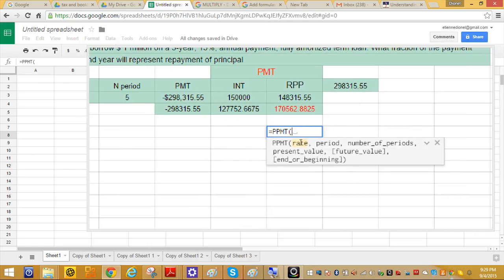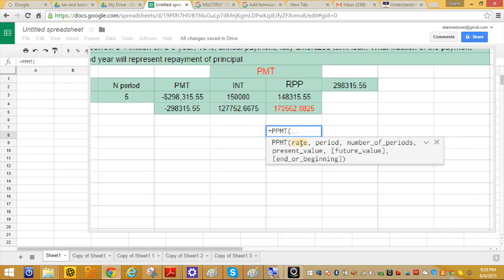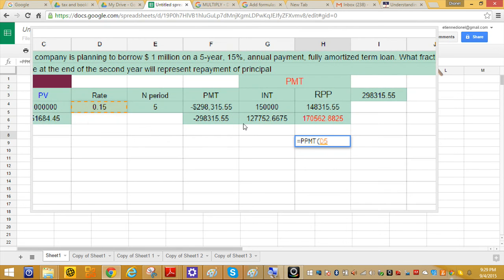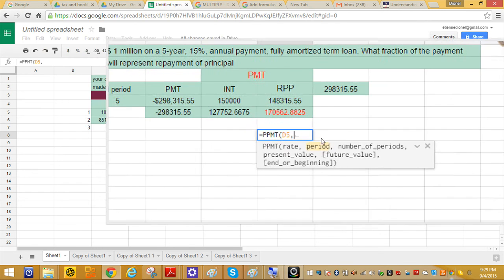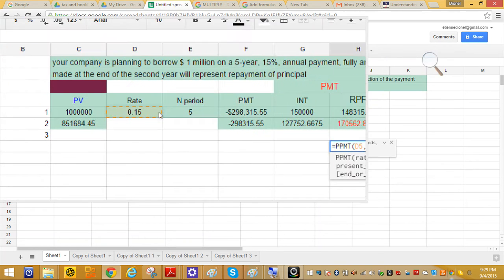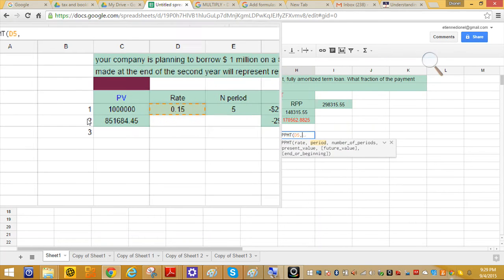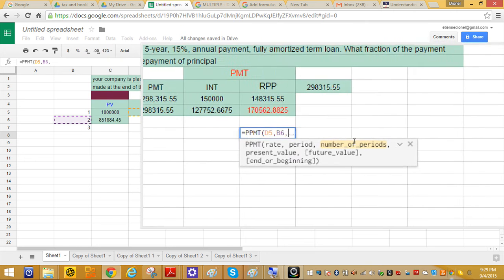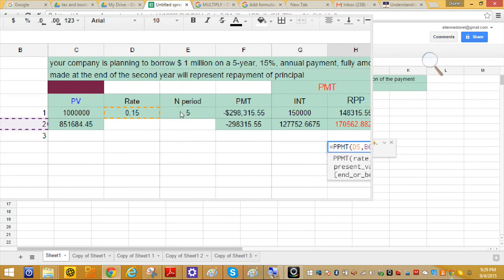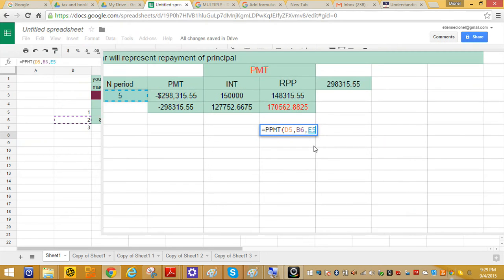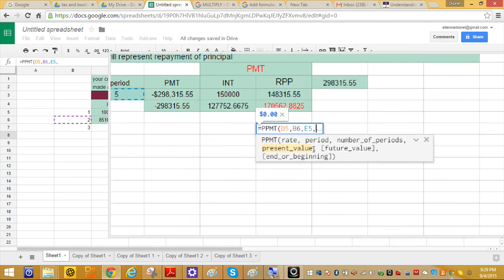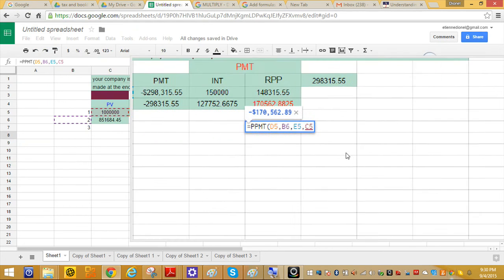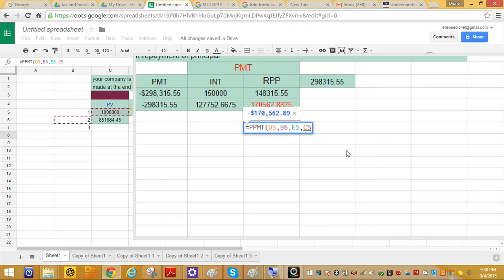One time, you just click the rate, comma, and then I click on the period, which period? The second period, comma, and then the number of periods, 5, comma, and then the present value, 1 million, and that's it.